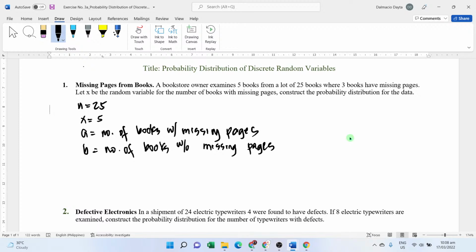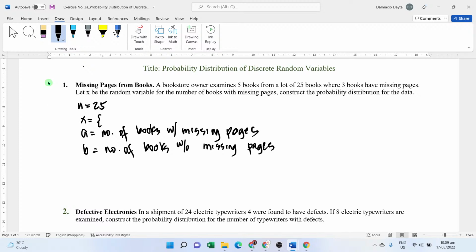So the possible values of the random variable. So let me correct it here. Okay, check natin, no? I-correct lang natin yung ating x. Let x be the random variable for the number of books with missing pages.